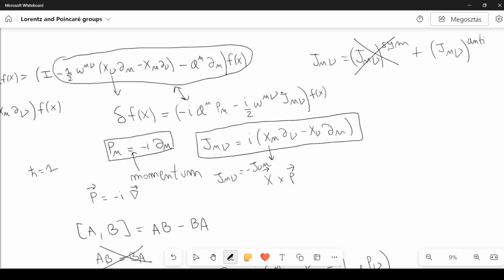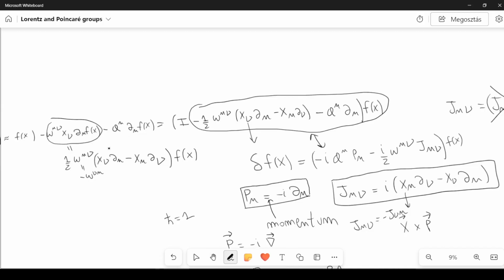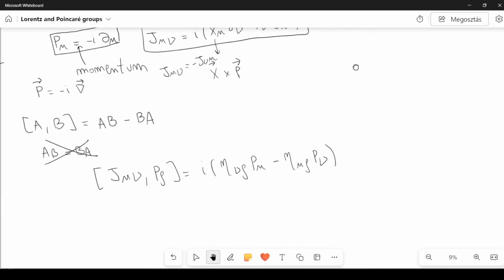So you have to understand that we have defined J^{μν} in such a way that it is antisymmetric by doing this manipulation here. If you try to understand it, it makes sense what we did.